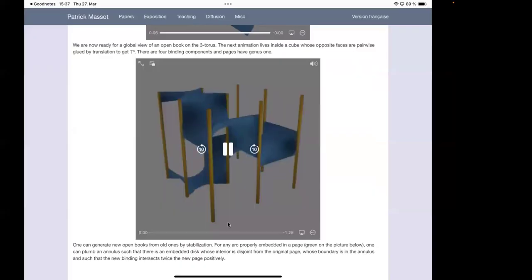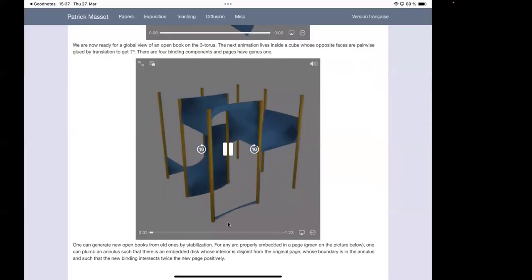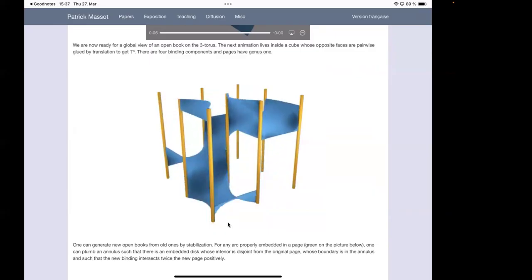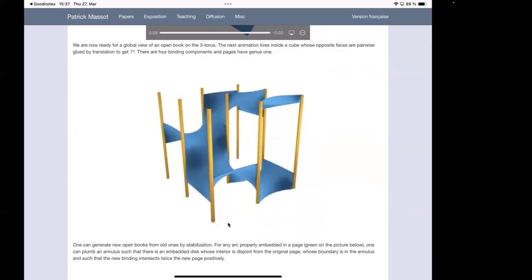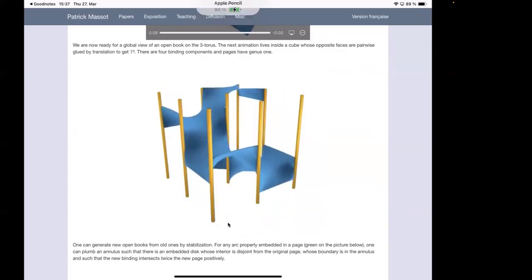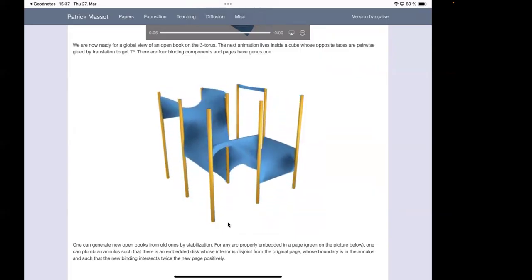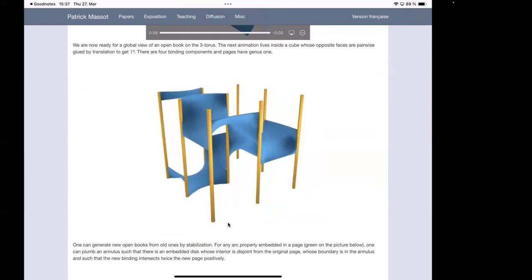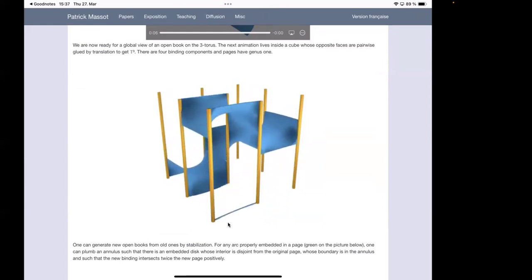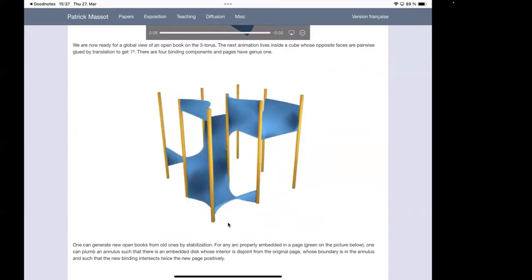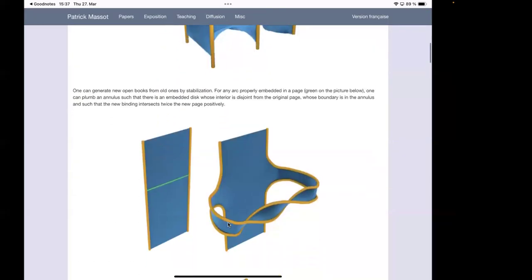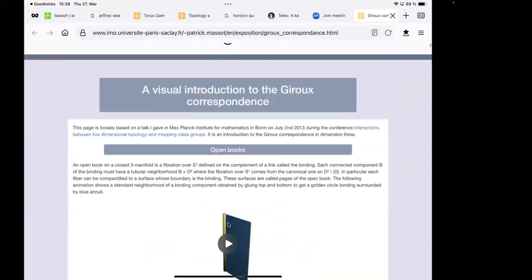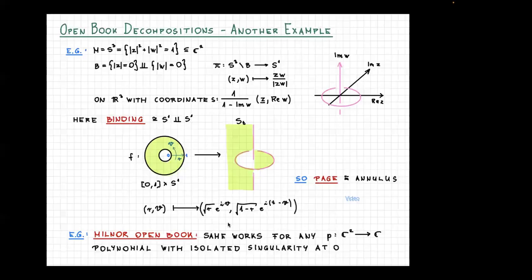So, for example, this is an open book for the 3-torus. The 3-torus is like, you see the cube here, and then its top and bottom and back and forth are all identified with each other. And then you see how the open book is absolutely not trivial. You see how it's twisting everywhere. Maybe this helps. Does this answer your question?